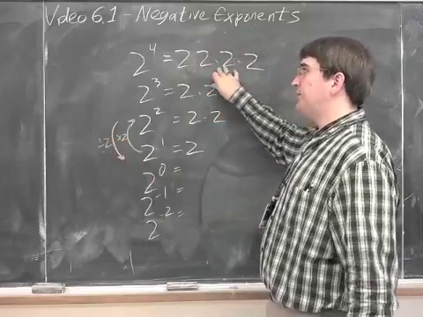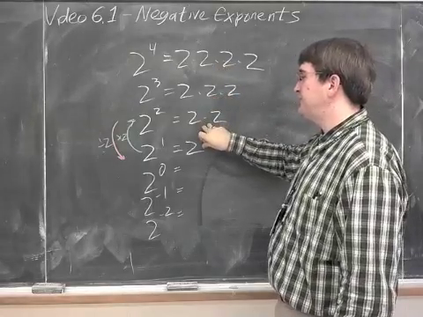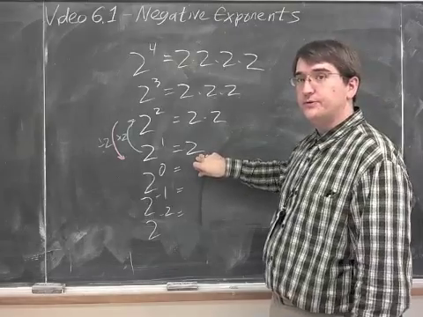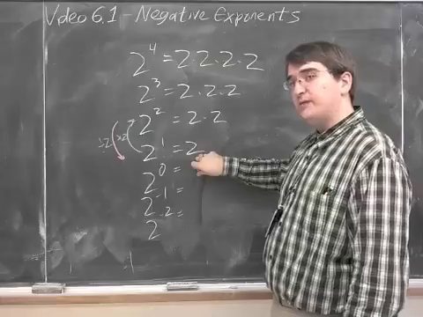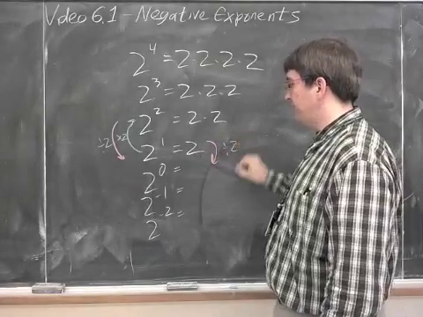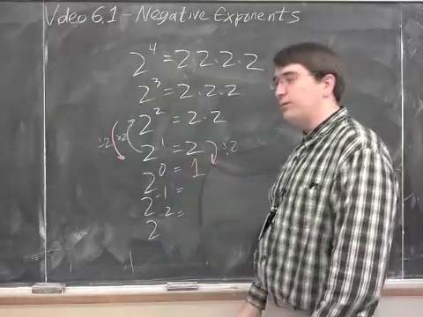So 2 to the 4 divided by 2 gives you 2 to the 3. Divided by 2 gives you 2 to the 2. Divided by 2 gives you 2 to the 1, or just 2. So if we continued that pattern, I would divide 2 by 2, and that would give me 2 to the 0, or simply 1.